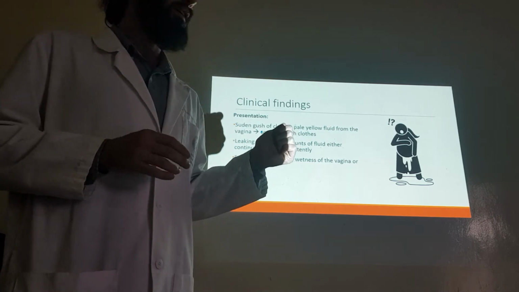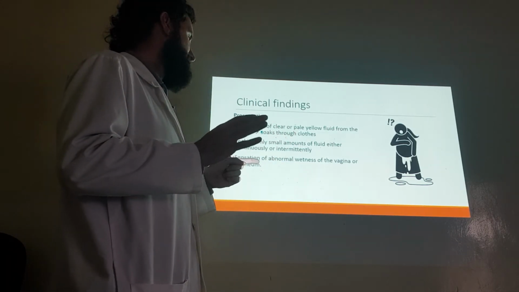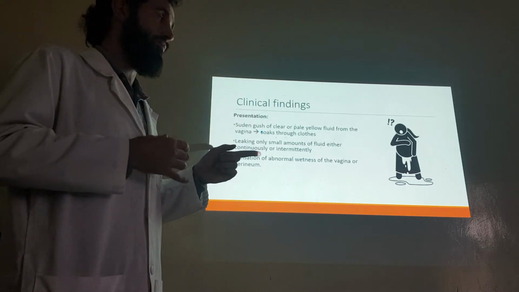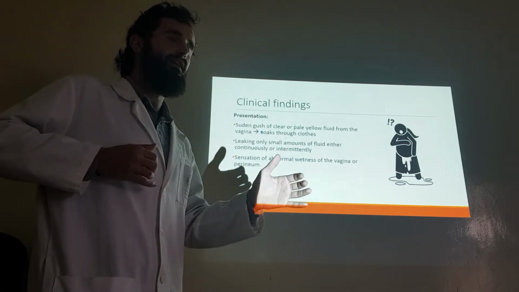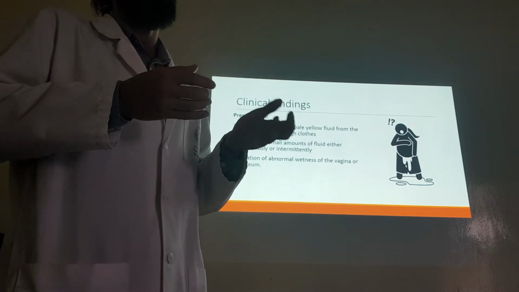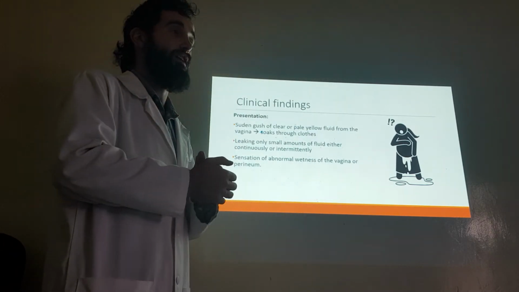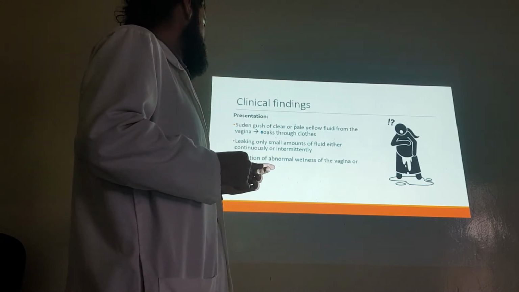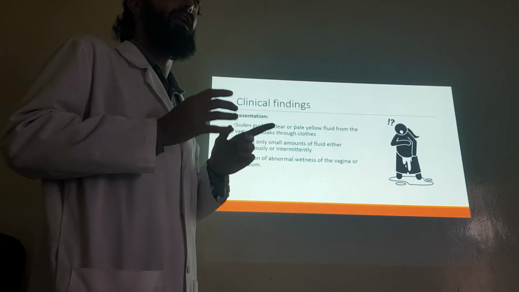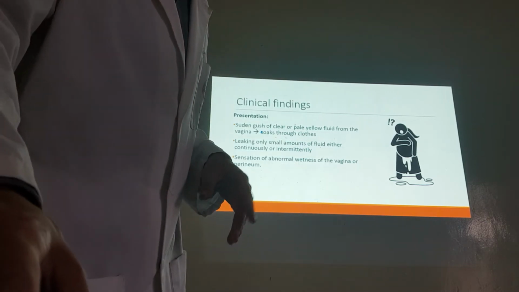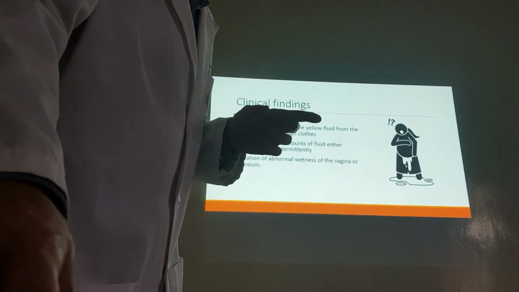So probably those women who just have a sensation and have a PROM will delay going to the hospital. They will delay the consultation. So it's very important for us to say that this is also an alarm sign. Okay, just the sensation, because we have to rule out rupture of membranes.